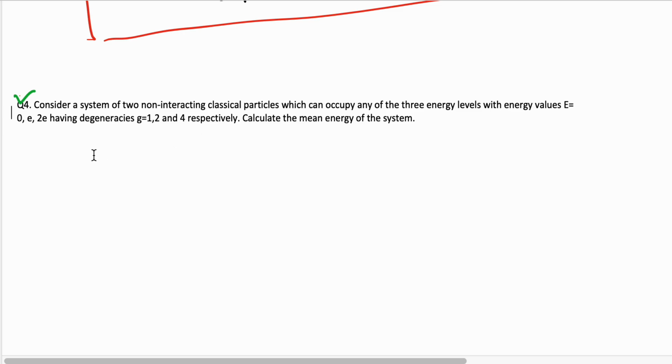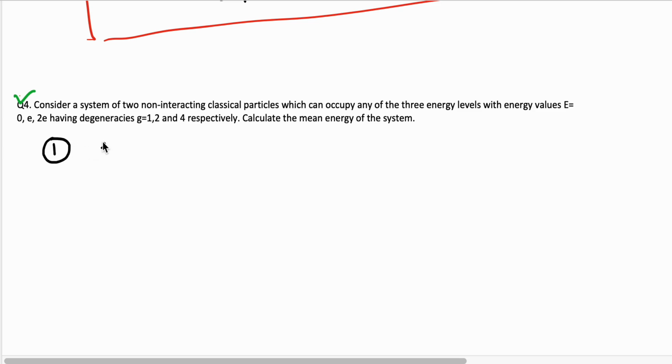So we know the rule that we have to calculate the partition function first. Let me write the rules to calculate the average energy.